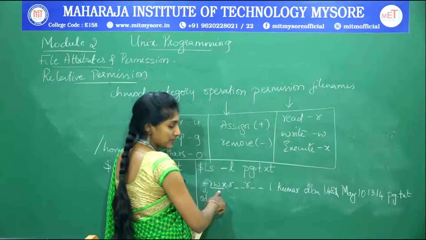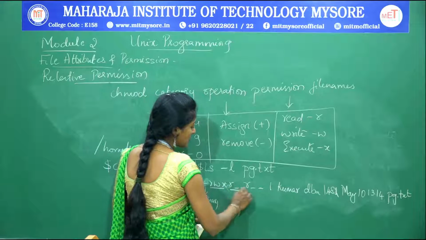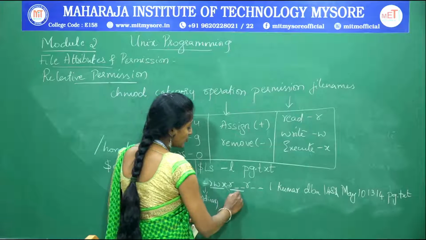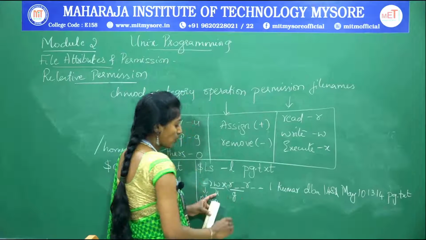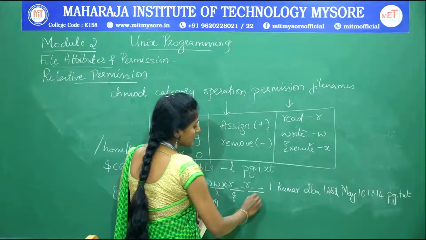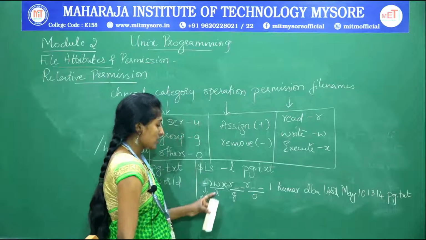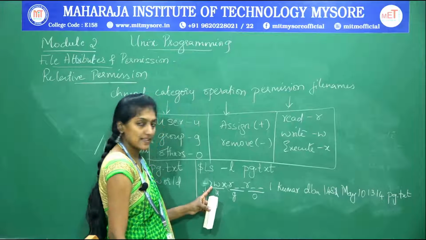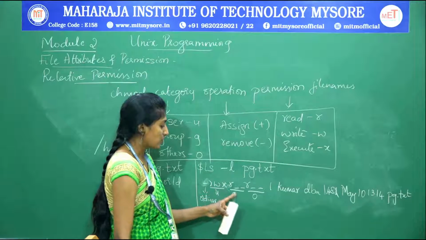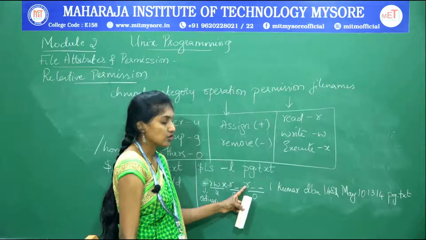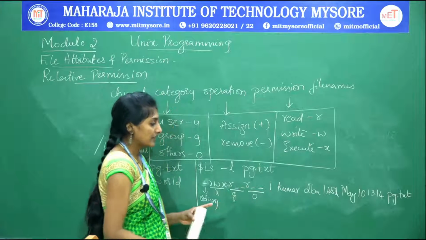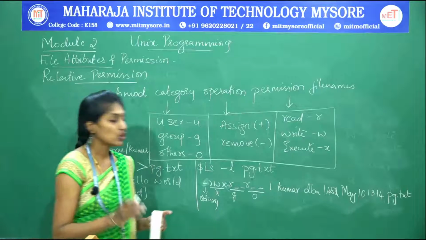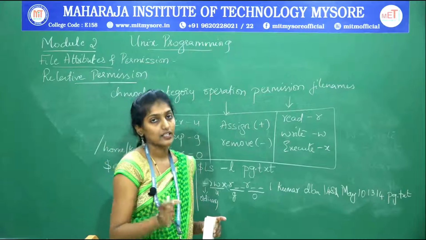Next, the first 3 bits represent owner permission, the next 3 bits represent group permission, and the last 3 bits represent other permission. The owner has read, write and execute permission. For group only read permission, others also only read permission. So what if I want to assign the group the execute permission?